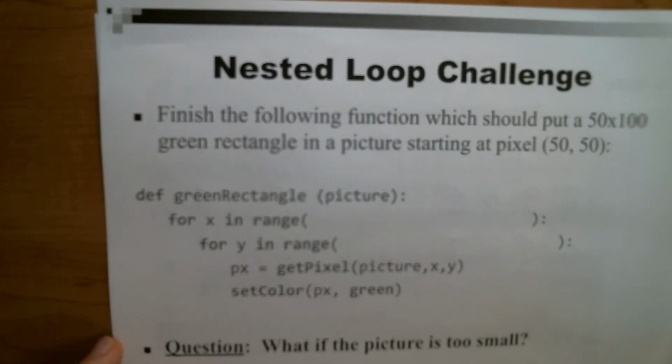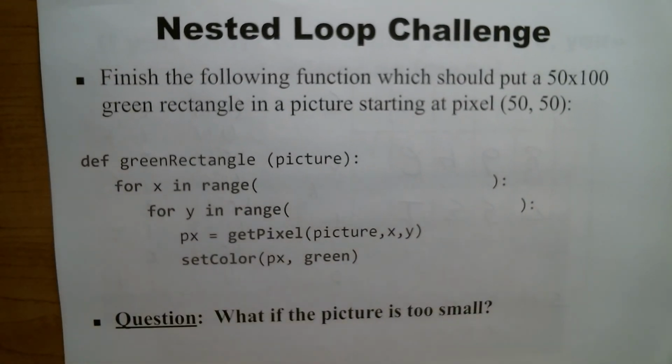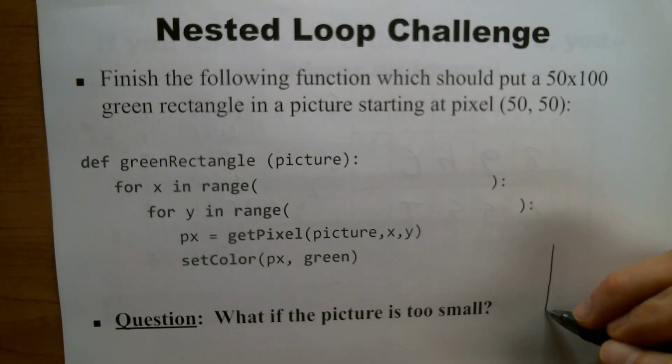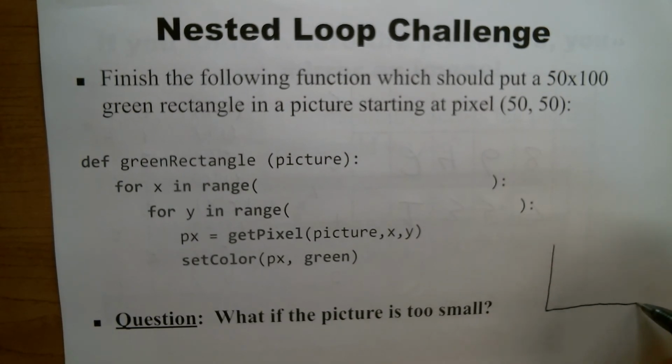All right, nested loop challenge. Finish the following function, which should put a 50 by 100 green rectangle in a picture starting at pixel 50, 50. Let's sketch this out so that we can understand what this is actually asking for.